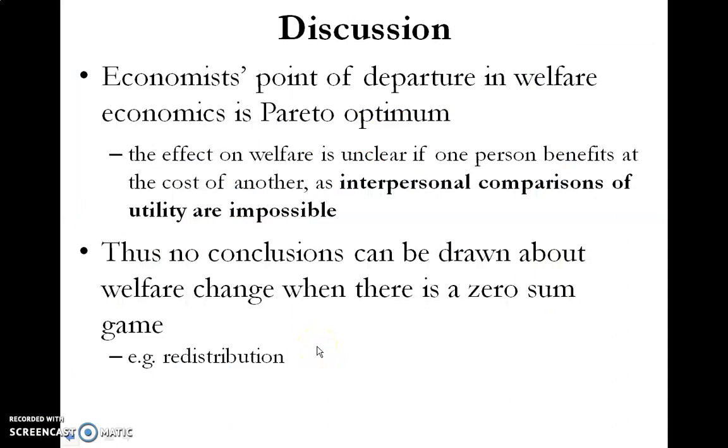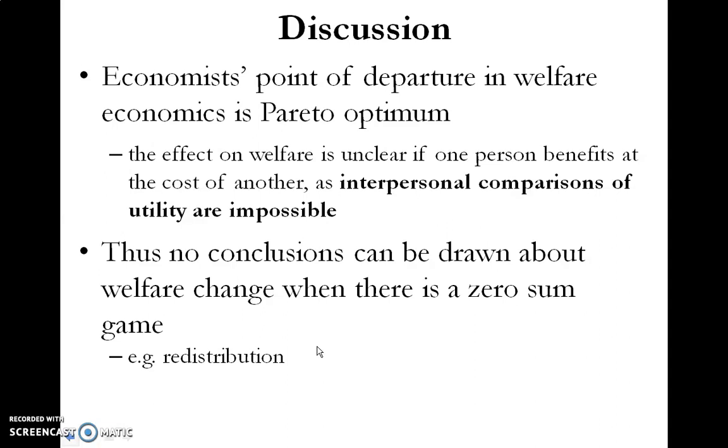So something that might be worthwhile discussing is the economist's point of departure in welfare economics, that is Pareto optimum, where basically the effect on societal welfare is unclear if one person benefits at the cost of another.